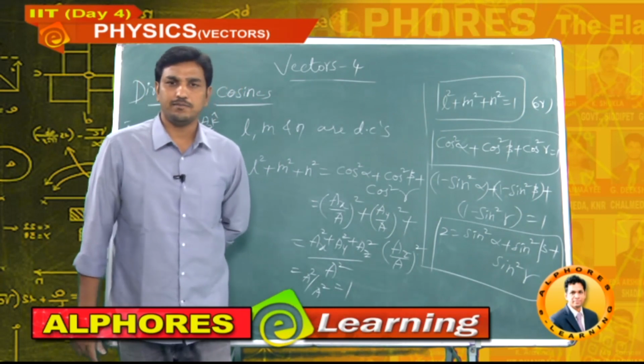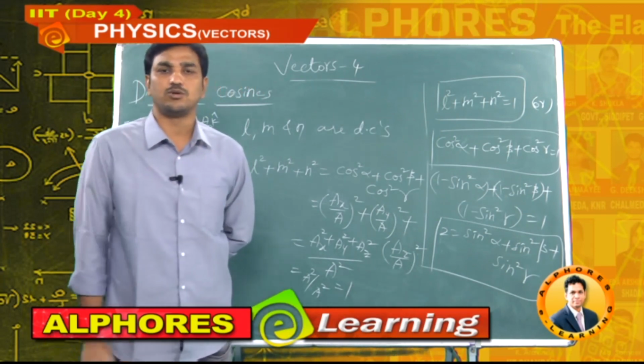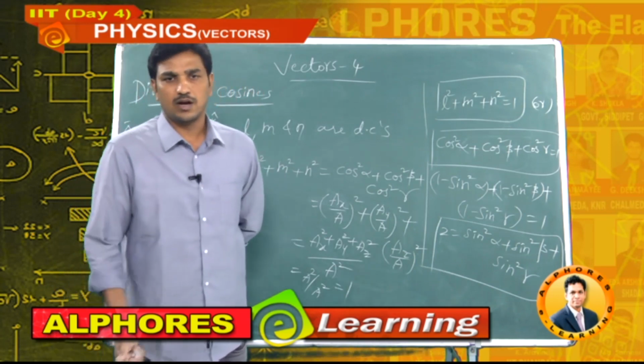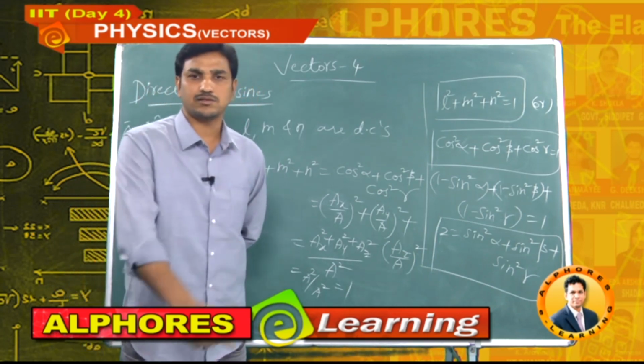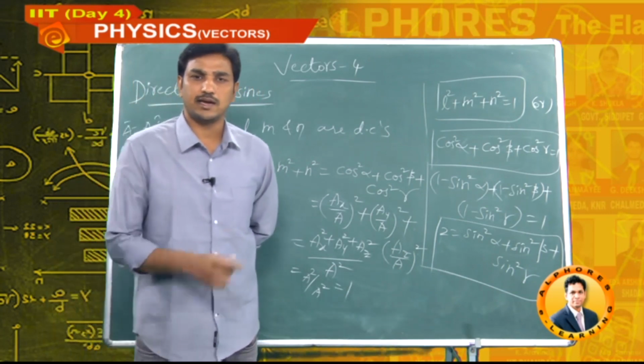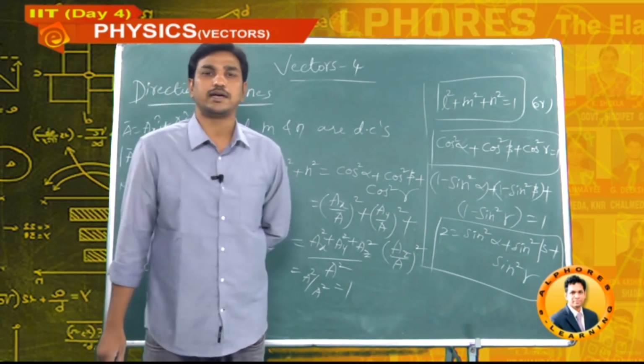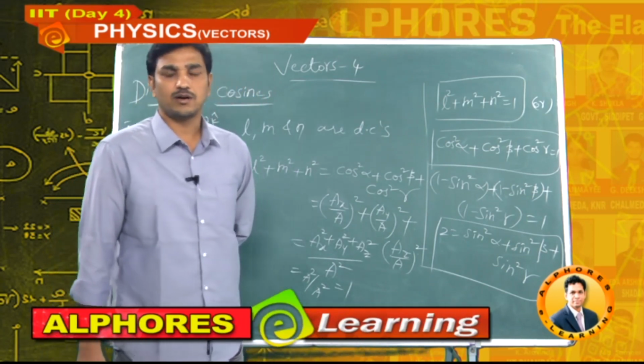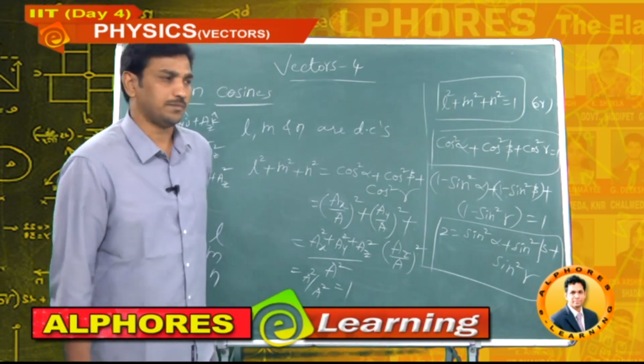In trigonometry, we use the cos function to understand how our vector is making an angle with the x axis, with the y axis, and with the z axis. Overall, direction cosines are l, m, n, which are nothing but cos alpha, cos beta, cos gamma.